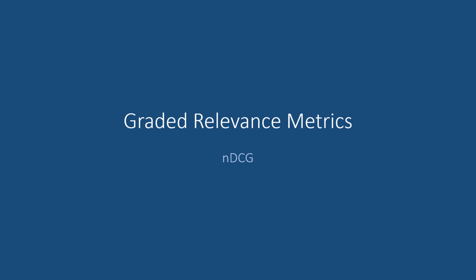And this is now solved via graded relevance metrics, and here we look at nDCG, although I have to mention that MRR and MAP are also initially binary, but they have versions that make use of graded relevance.